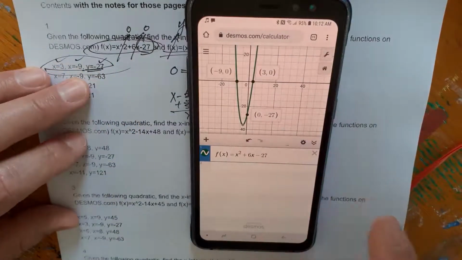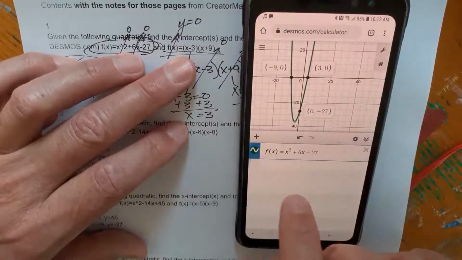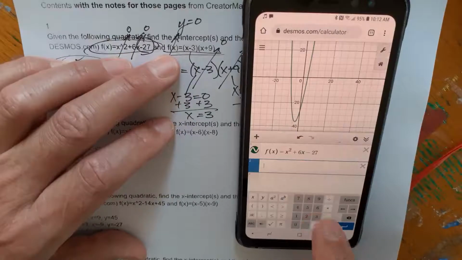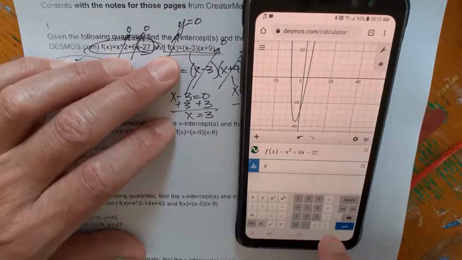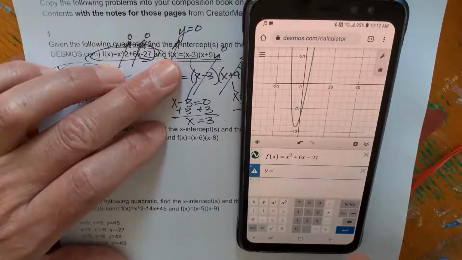Just type them in. The other thing I'd like to show you is the factored form, also the same. Let's type that in. I'm just going to say y equals, because it's too much to type f of x equals, which is equivalent; this is a function form, this is just the graphing form of y equals.